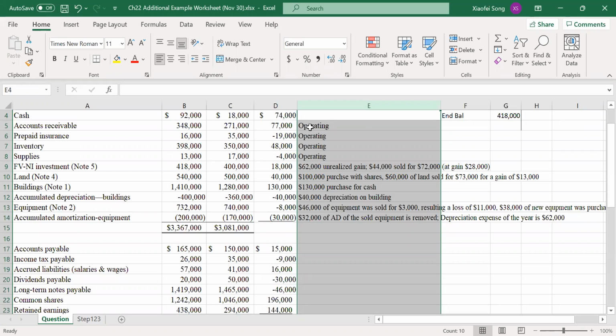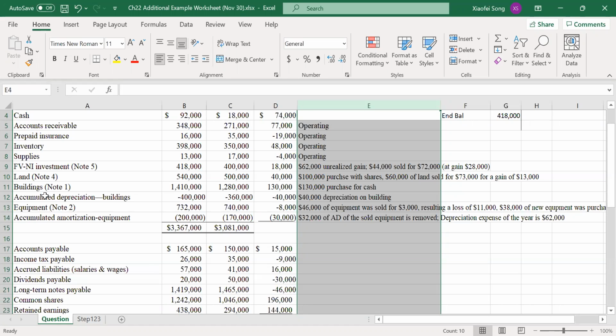Realized gain or loss are also non-cash measures because the cash associated with selling it would be the cash receipt, right? So we need to replace realized gains or losses with the cash received to sell it.